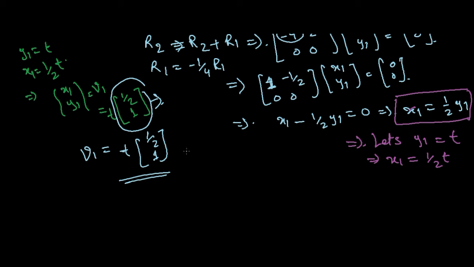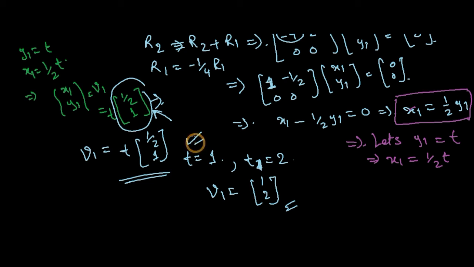If we take t equal to 1, we'll get our eigenvector like this, and if we take t equal to 2, then our v1 will become 1 and 2, right? So you can take any t, and whatever eigenvector you get corresponding to that will be your eigenvector corresponding to your lambda 1, that is equal to 5.